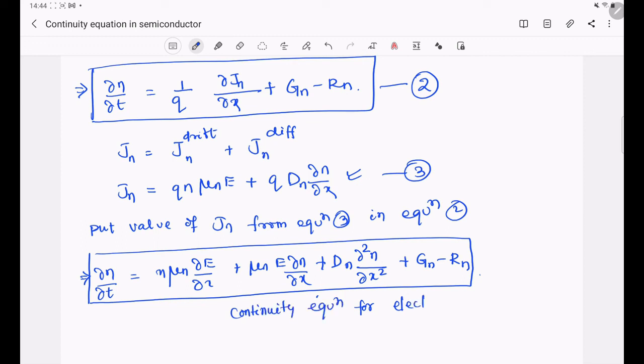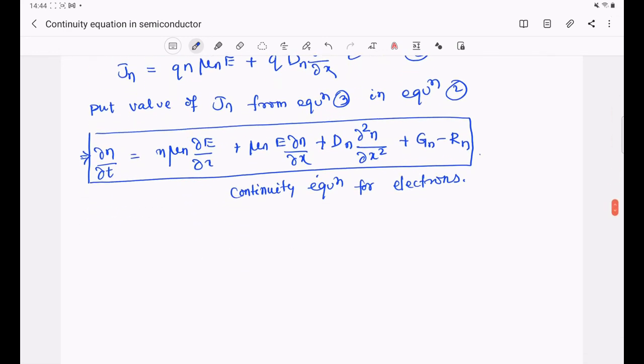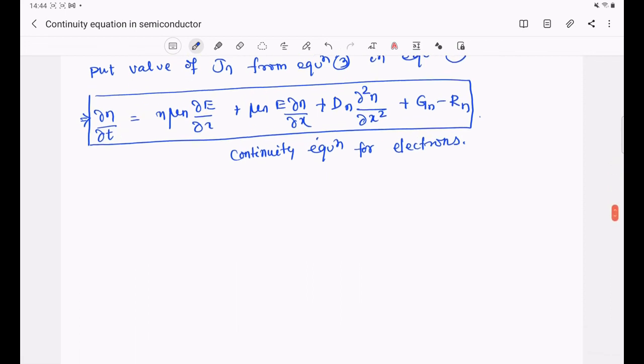Similarly, we can write down the continuity equation for holes. If you follow the similar process that I have explained for electrons and try to derive the continuity equation for holes, the expression will look like this.